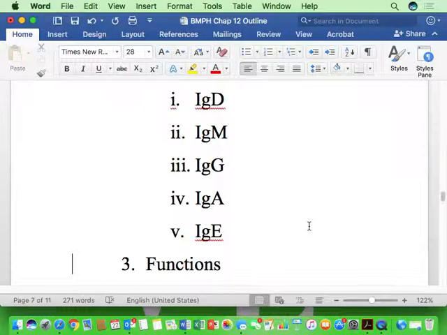It can cause agglutination. We've used this word before when we talked about blood typing and mismatching of blood types. This is where the cells become sticky and kind of clump together.